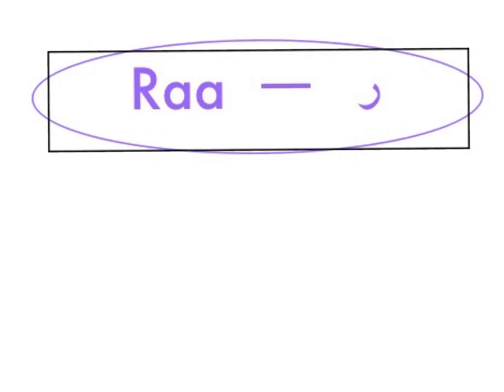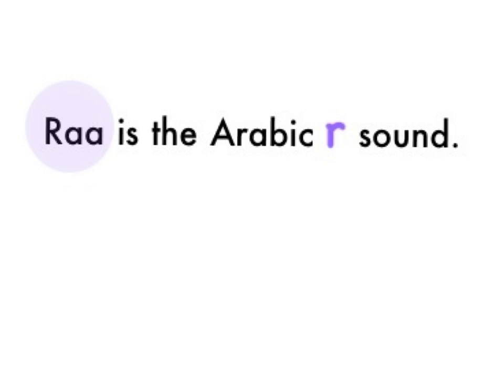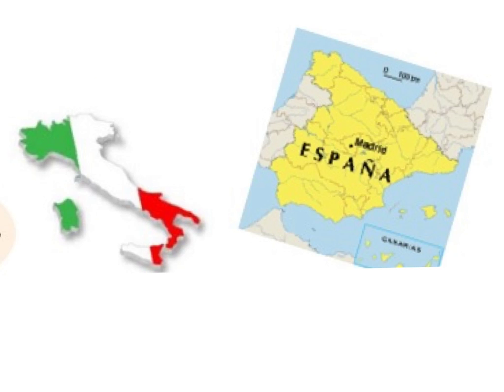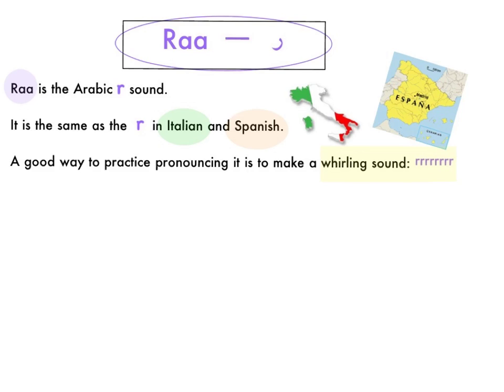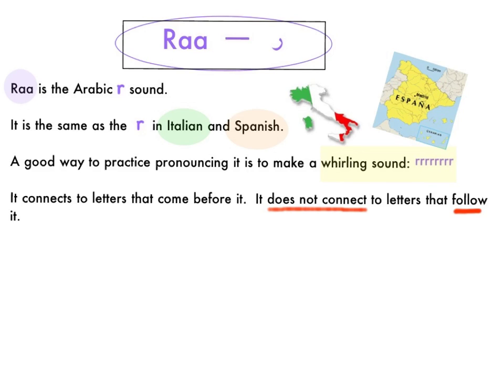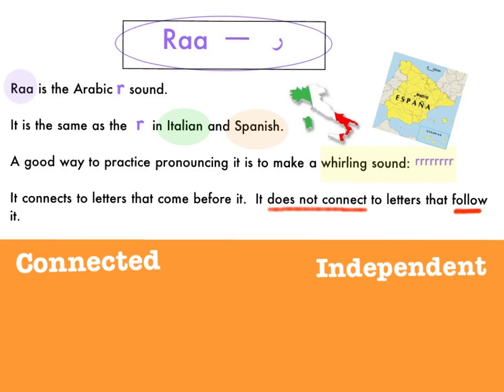The letter Ra. Ra is the Arabic R sound. It sounds like the R in Spanish and Italian. A good way to practice pronouncing it is to make a whirling sound. R. It connects to letters that come before it. It doesn't connect to letters that follow it. Let's take a look at how we write it.